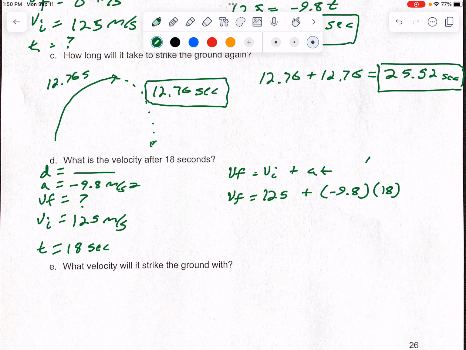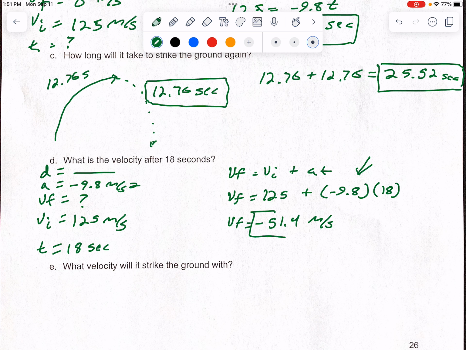Now, this is where you have to be careful. If you leave off that negative symbol, that is going to give you a big difference in your answer, because 125 plus all that is a lot bigger than 125 minus that. So 125 minus all that, and you get a velocity of negative 51.4 meters per second, or you could say 51.4 meters per second down.